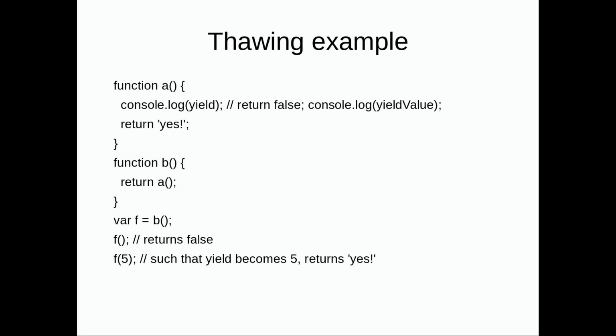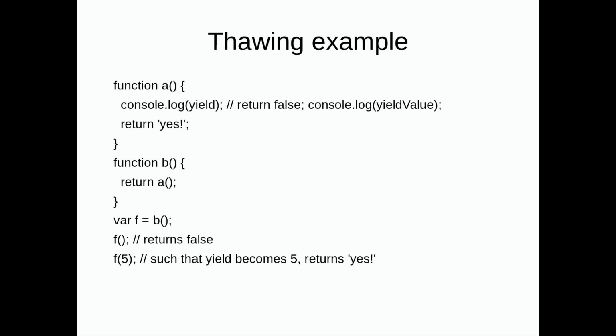For thawing, and thawing would be like the unsuspend or resume or whatever, we kind of do the opposite thing. The inner function of each of those generators has an argument called yield value. When you call it for the first time, as you see below, it calls it without an argument. It just starts it because there was no yield, so there's no need for a yield value.